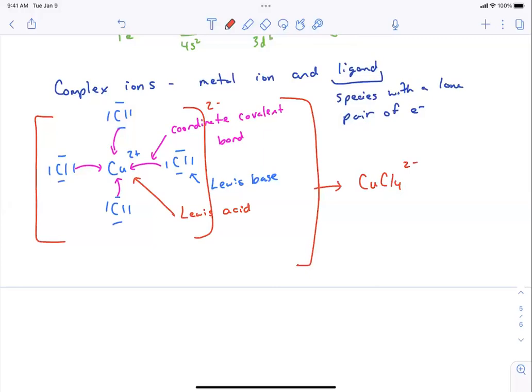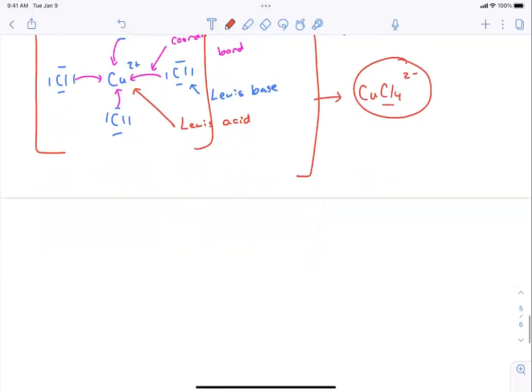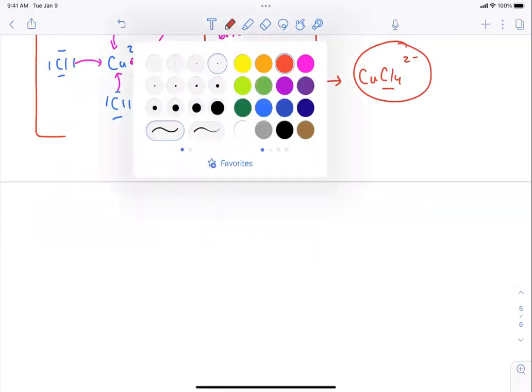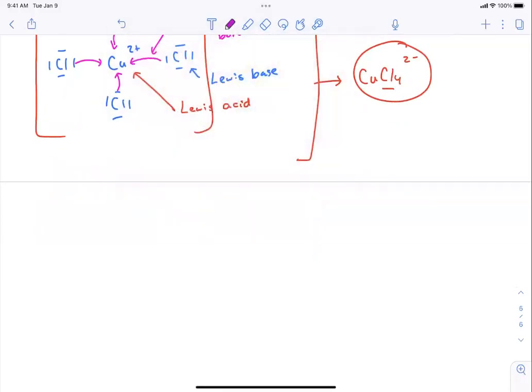So this is an example of a complex ion, an ion where it's forming this metal with these ligands that are attached to it, forming this overall ion here. But you also have to be able to figure out the charges and things like that in a structure as well. And so, for example, if I give you something like this.